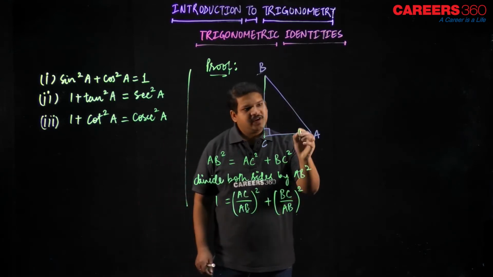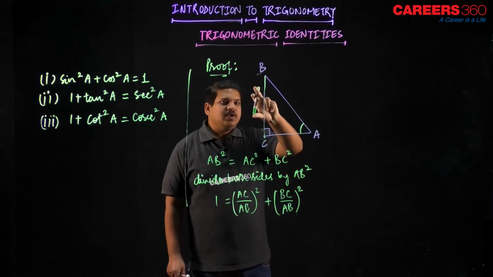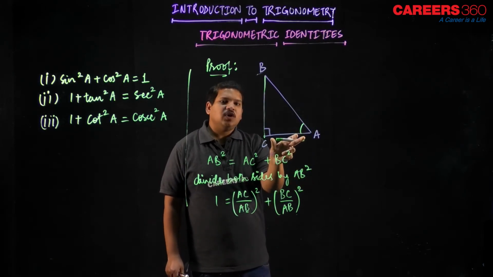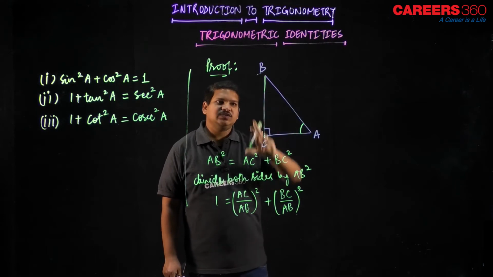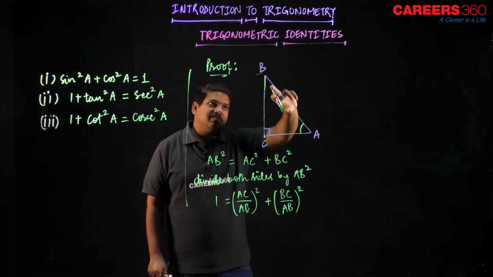Now if I look with respect to angle A, AC is what? Base, and BC is what? Perpendicular.